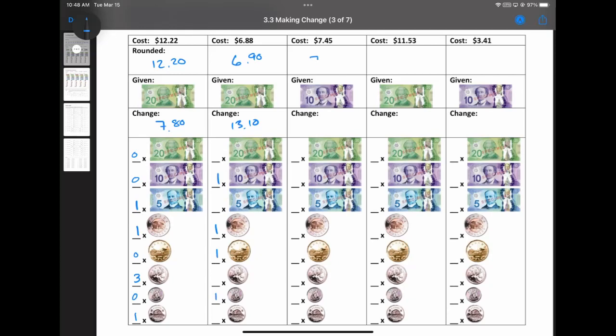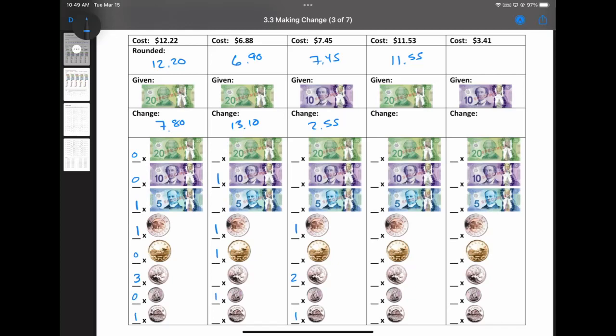7.45 doesn't require any rounding at all. The change from a $10 bill should be $2.55. So we're going to do $2, 2 quarters to get 50, and a nickel to get 5. $2.55. $11.53 rounds to $11.55.